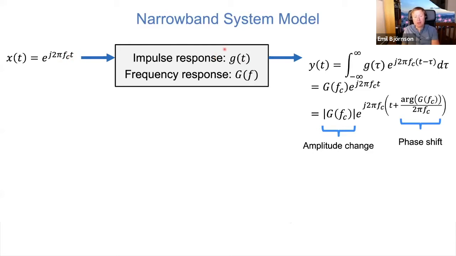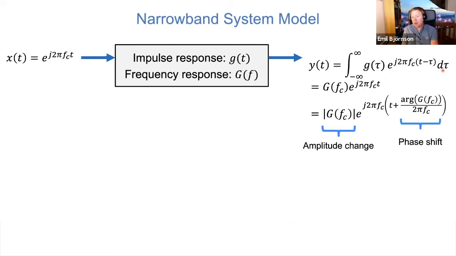The filter, let's just call it, has the impulse response g of t, or frequency response, the Fourier transform g of f. Then the received signal y of t is going to be a convolution between g of t and x of t. If you write it up, it's going to be this integral from minus infinity to infinity, where we have the impulse response here, then x of t, where you replace t by t minus tau, and then you are integrating here.